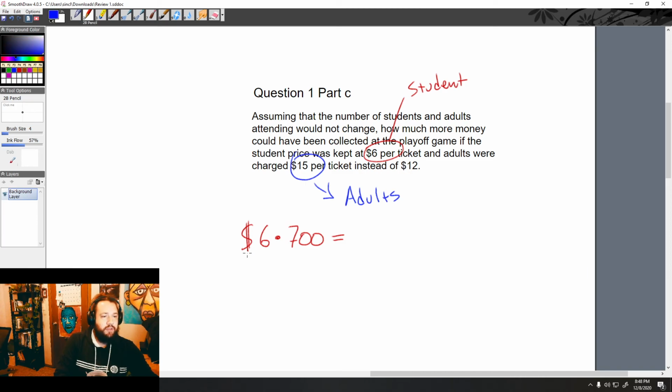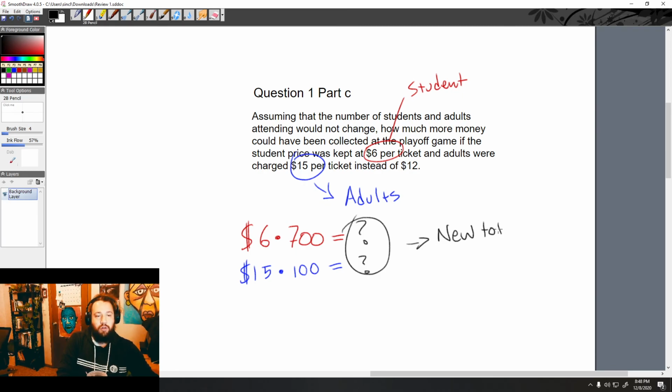And then to find my adults here, I'm going to have to take my $15 and multiply by the 100. Now you're going to get some sort of number for both of these. Then you're going to have to add them up, and that would be your new total money, which is going to be a little bit more.